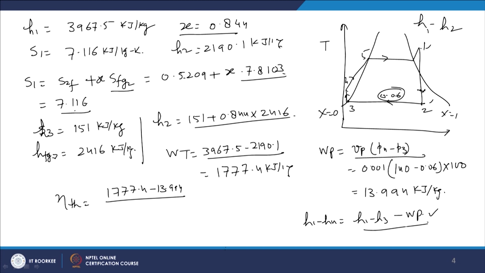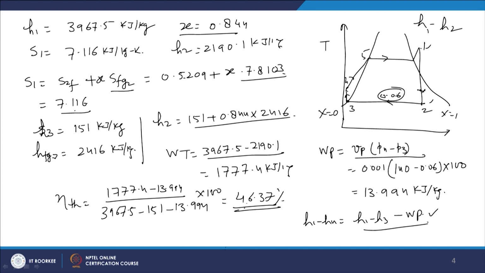This will give us 3967.5, and H3 is 151, minus pump work 13.994, because as the point is shifted from 3 to 4, the heat added in the boiler is reduced, right. So, on one side, the high grade energy is being used for increasing the pressure; on the same side, it has reduced the requirement of low grade energy. If we solve this and multiply by 100, we get the thermal efficiency of the order of 46.37%.